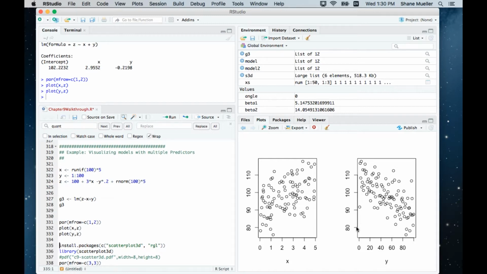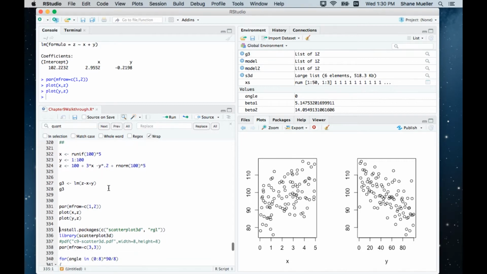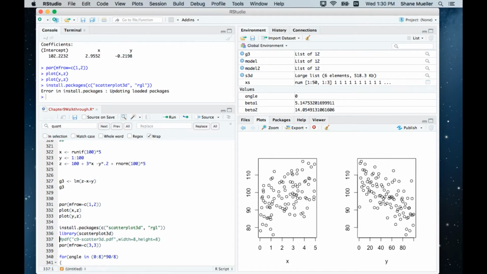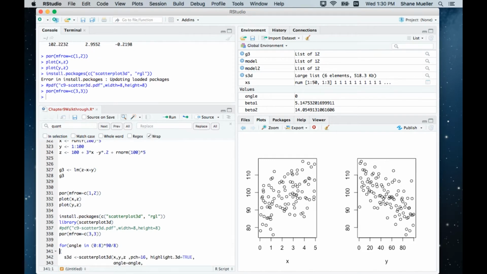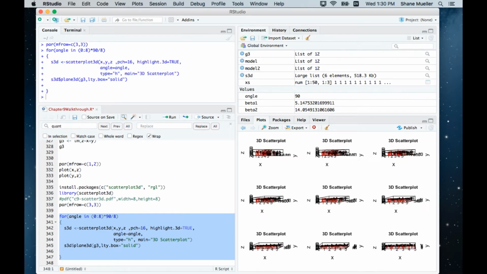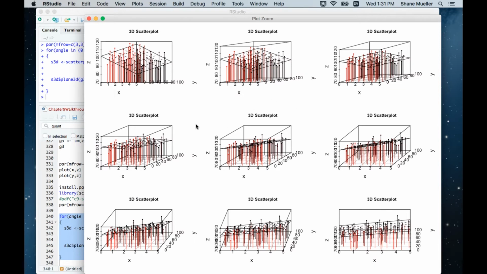So here I've got X and Y, and I can relate them each to Z, and you can see how they're each related. But this is sort of like two-dimensional views. You can't see it because it's kind of squished up in this, but now I've looked at it.